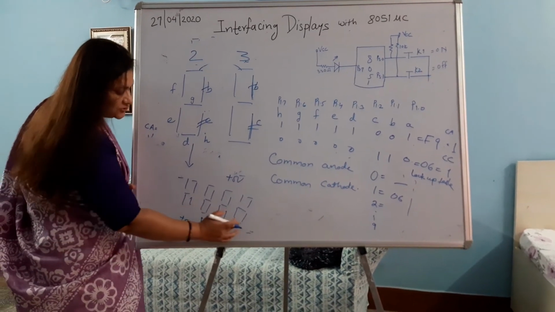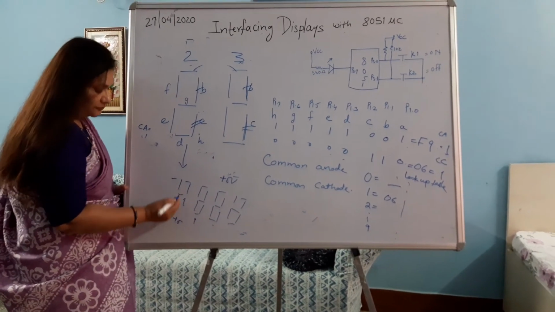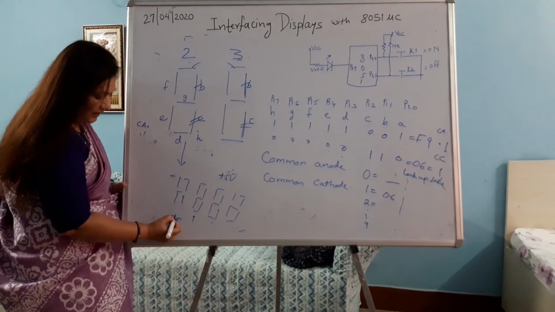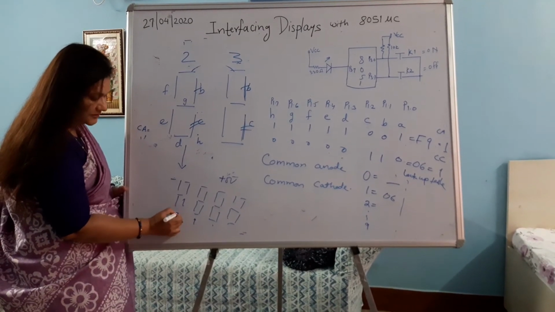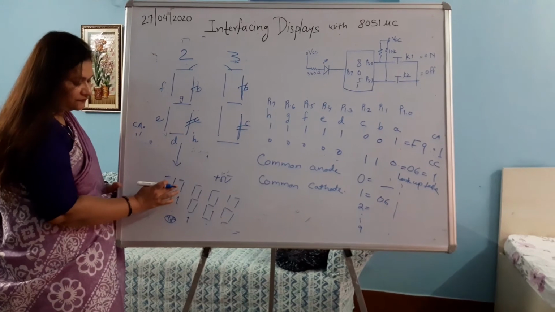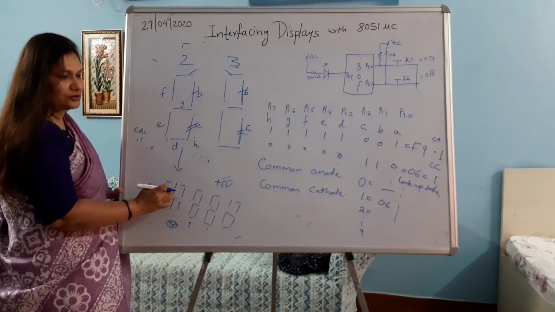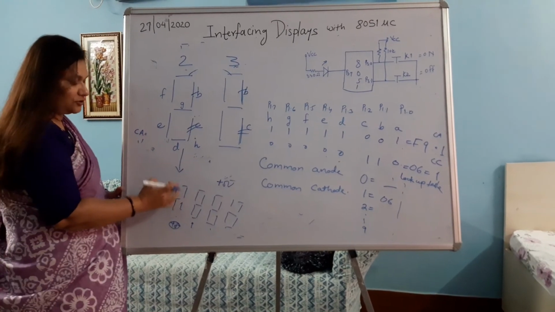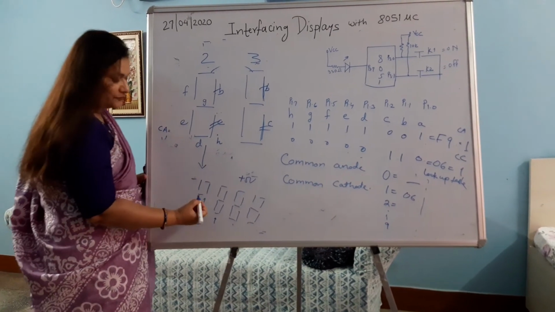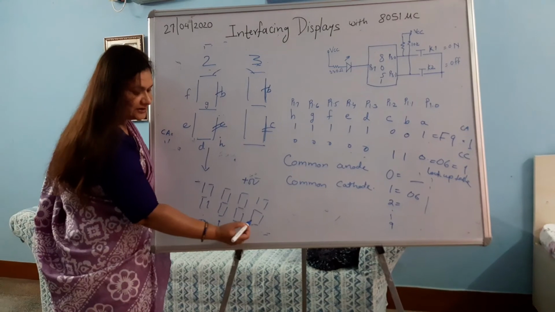This scanning is done so fast that even if I am removing plus 5 volt from a particular display, because of persistence of vision, it will stay in our vision, because the scanning is very fast.